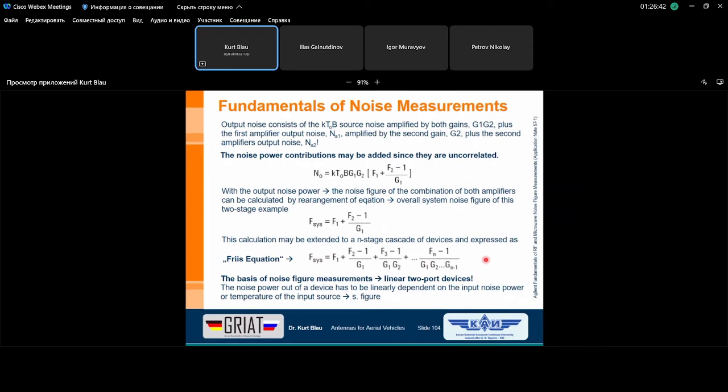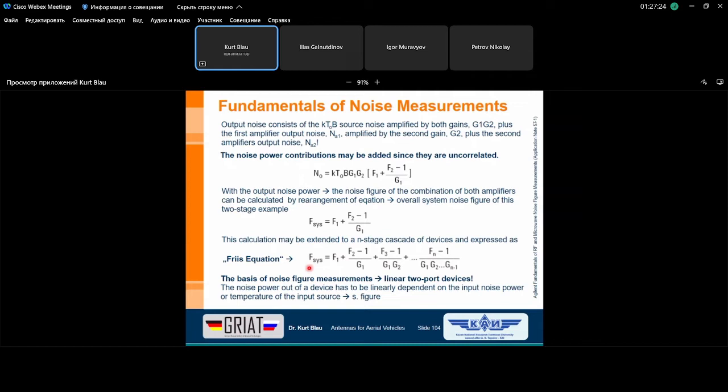This is a special rule that depends on a lot of things, and it means at least that one of the G's here in such a chain of different stages can also be a value much smaller than 1, for instance 0.01. It's possible. And it depends which stage has this loss. So it can very strongly influence the system or the overall noise figure.